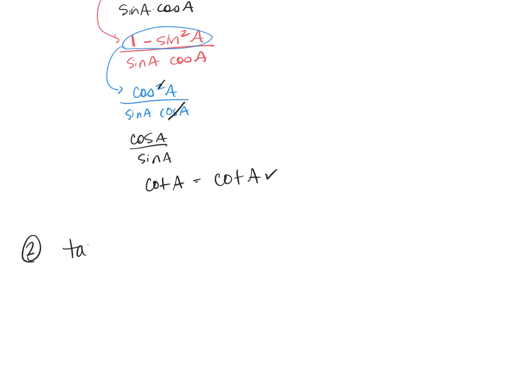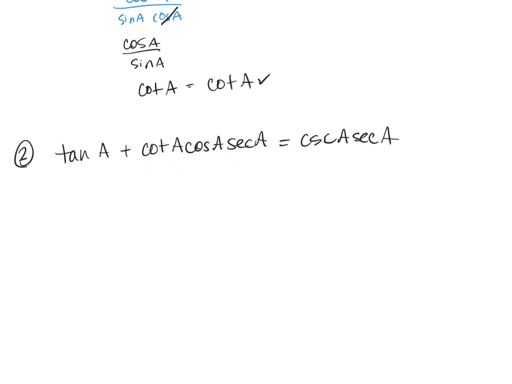Next one says tangent of A plus cotangent of A times cosine of A times secant of A equals cosecant of A secant of A. On number 2, maybe you need to pause the video and write it down. But let's look at this.